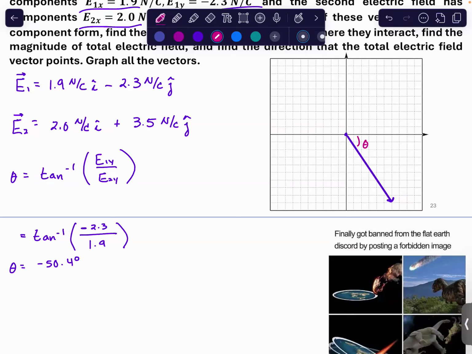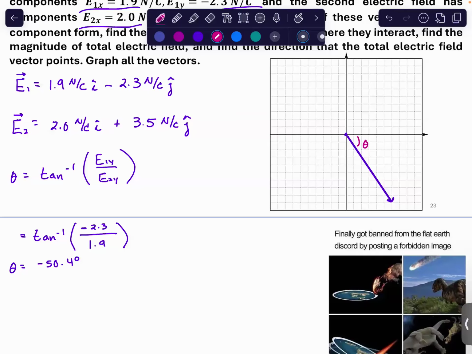Now, how did I know it was that angle? Yep, so clockwise direction from the positive x-axis. Also, look at the relative sizes of x and y. The magnitude of y is larger than the magnitude of x, which means it's going down further than it's going over in x, so that larger angle has to be the one coming down from the x.